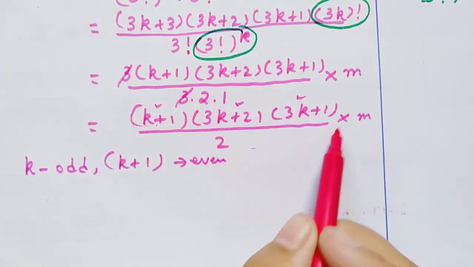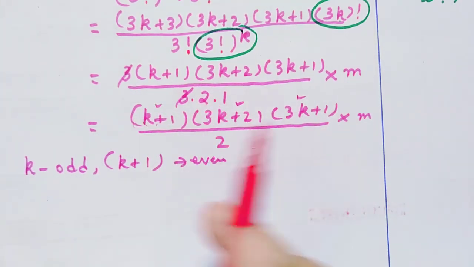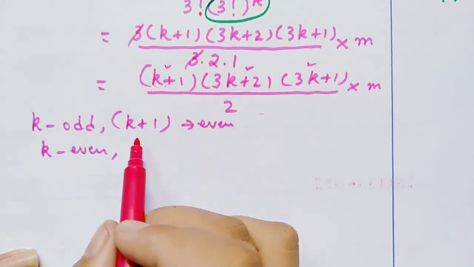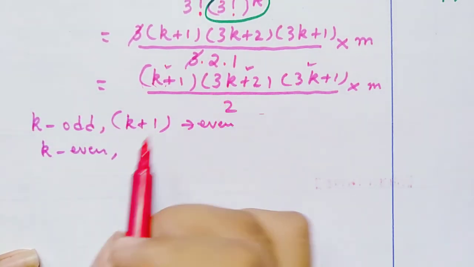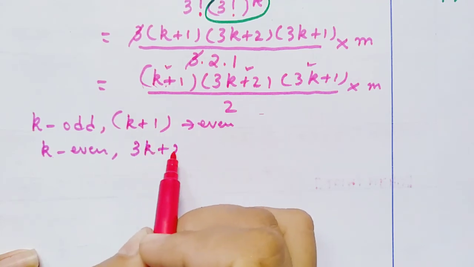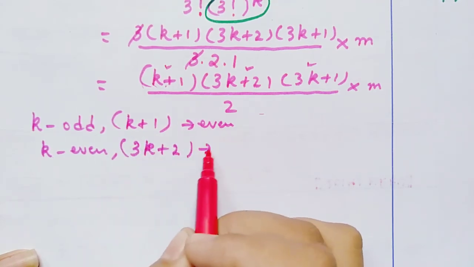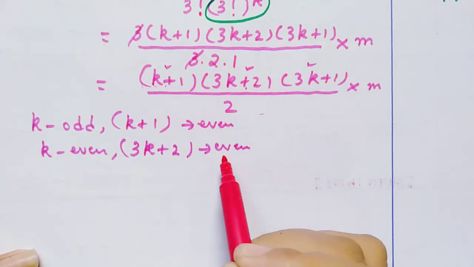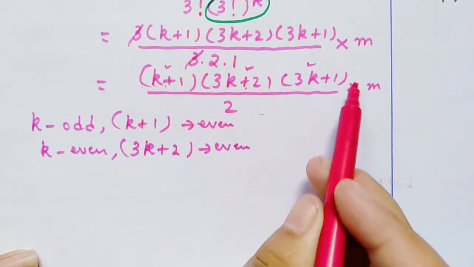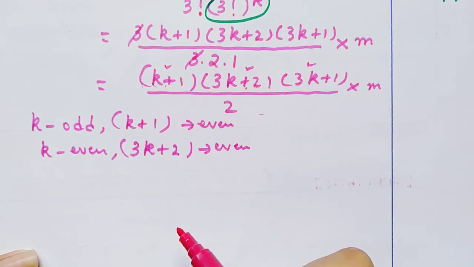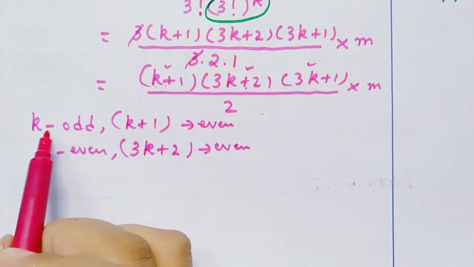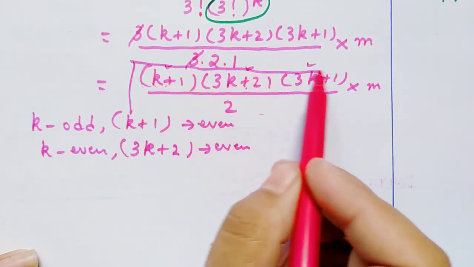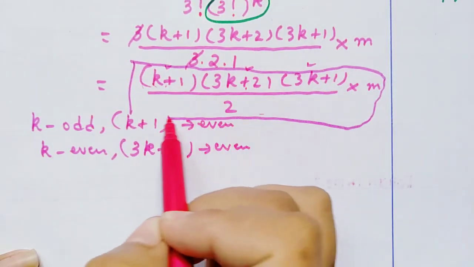So this would become an integer. And now when k is even, then which term would be even? This one would be even. Then this would be divisible by 2 since it is even. Then this whole expression would be an integer. So clearly when k is odd and even, we see that this whole expression here is an integer.